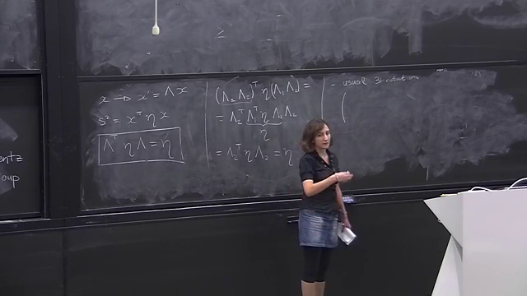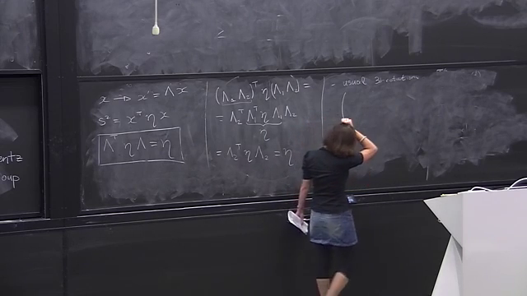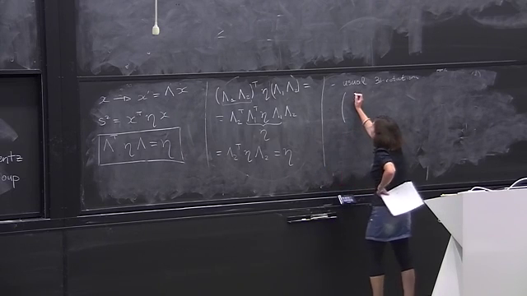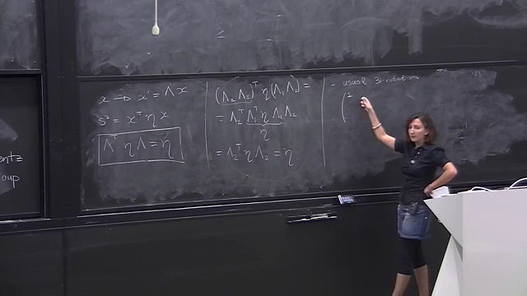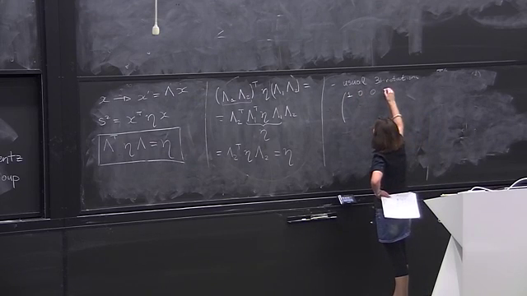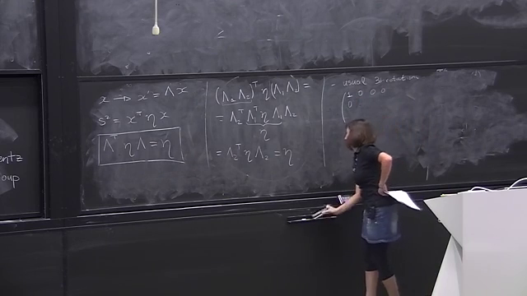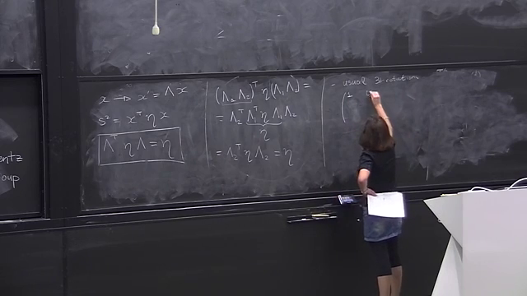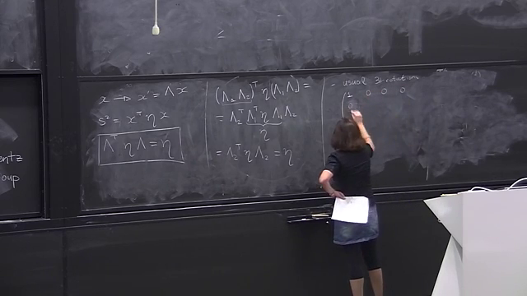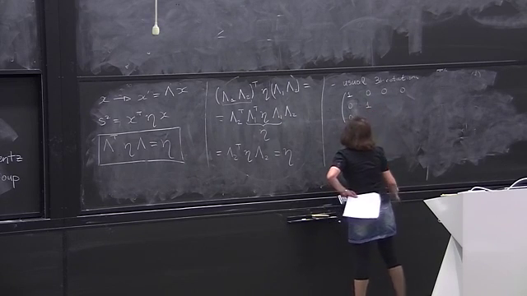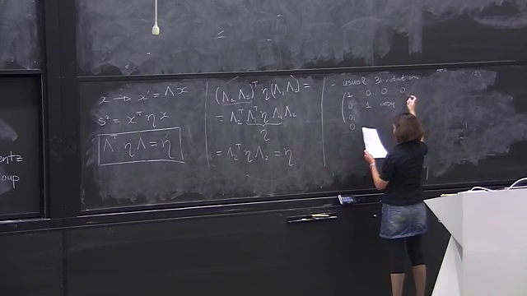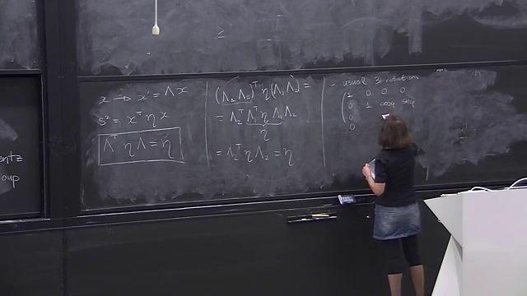For example, a rotation around the x-axis by an angle, say phi, will be described by a 4x4 matrix of this form. So we have one here. That's going to be cosine phi. This is cosine phi.